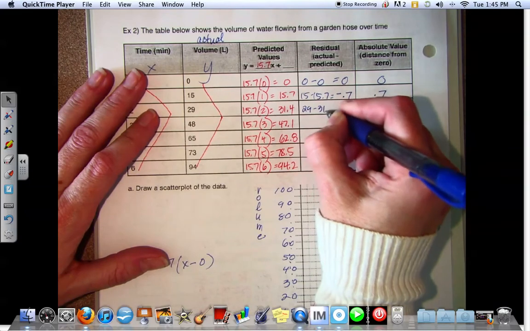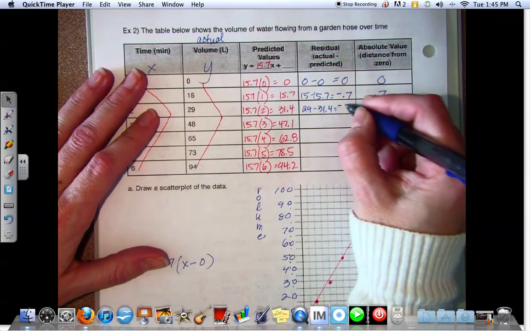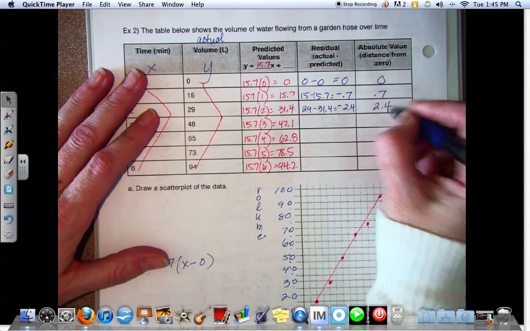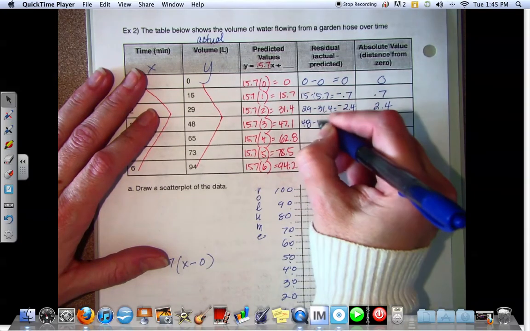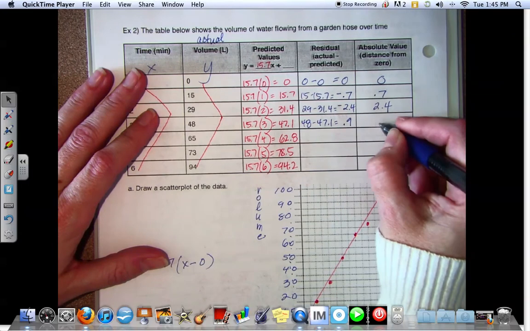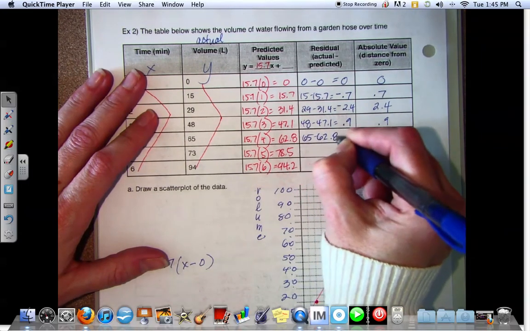29 minus 31.4 is negative 2.4. Absolute value? 2.4. 48 minus 47.1 is 0.9. Absolute value? 0.9. 65 minus 62.8 is 2.2.